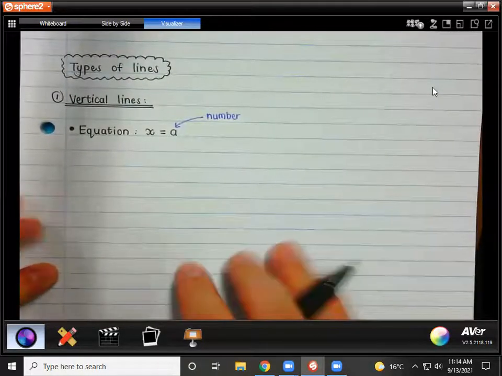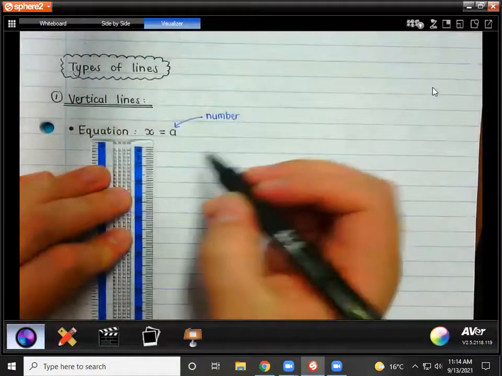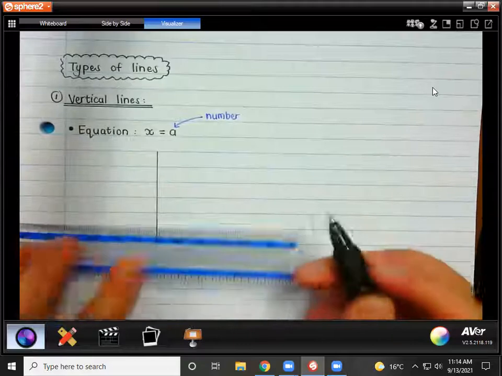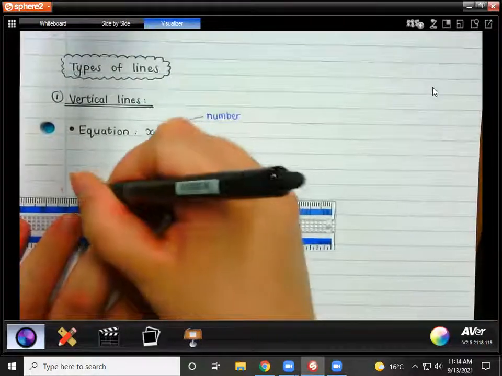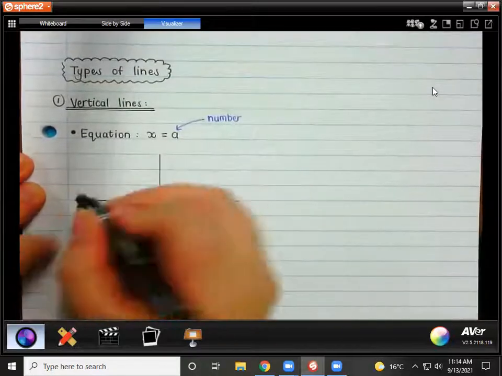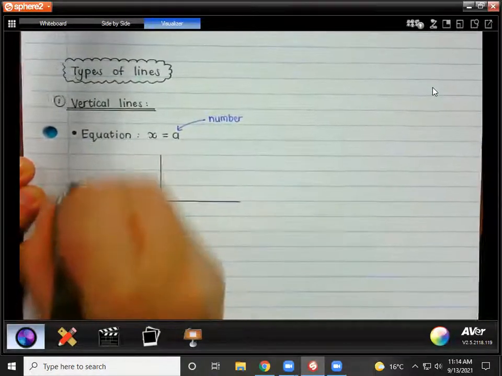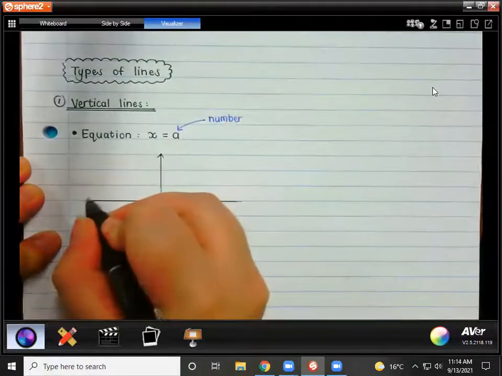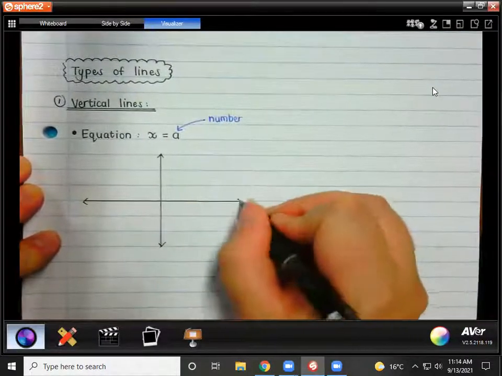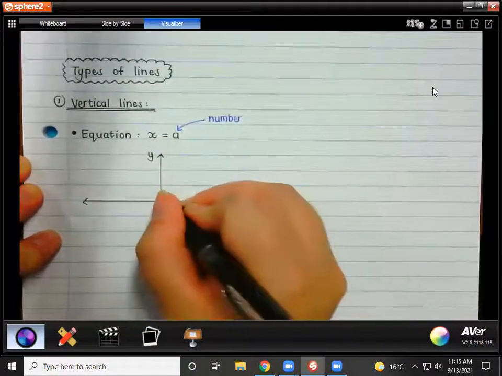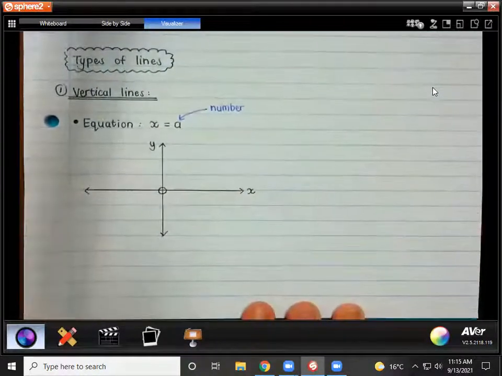I want you to do another little Cartesian plane here. Your scale doesn't matter, guys. Don't get caught up in that. I actually made this one a little long. But please remember, every time you draw your Cartesian plane, you have to draw it properly.